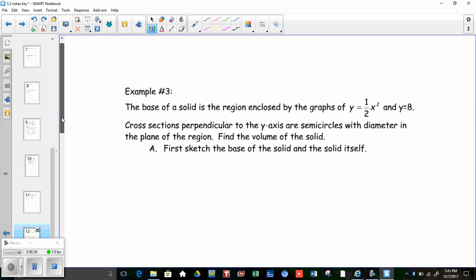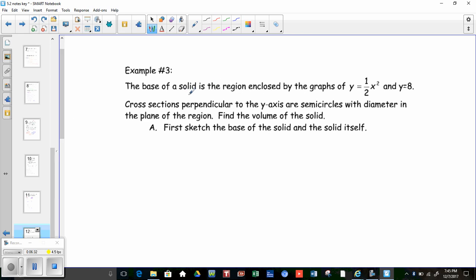All right, example 3. The base of a solid is the region enclosed by y equals 1/2 x squared and y equals 8. Cross sections perpendicular to the y-axis this time are semicircles with the diameter in the plane of the region. Find the volume.